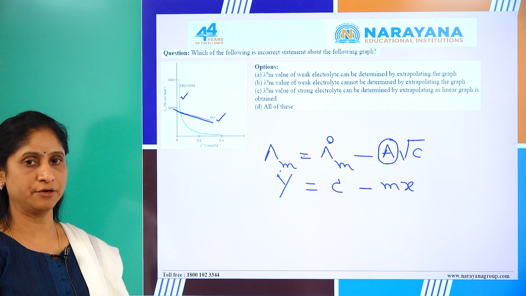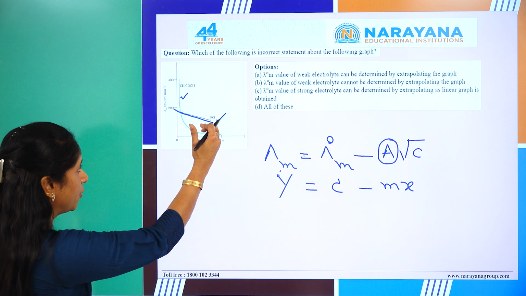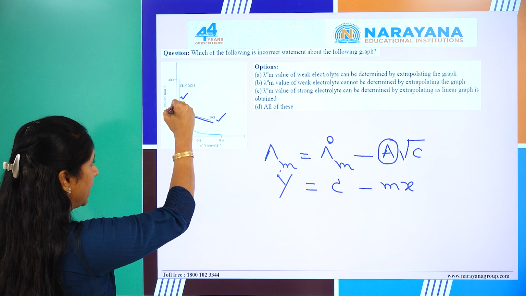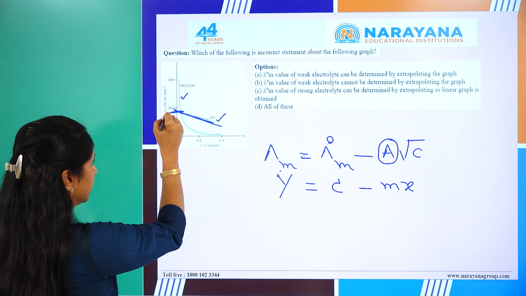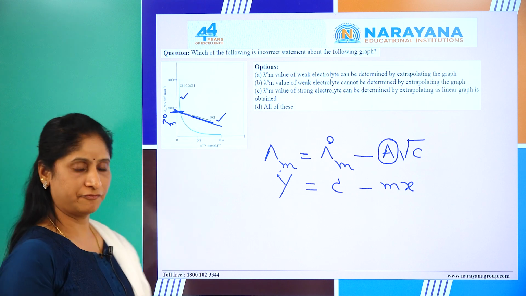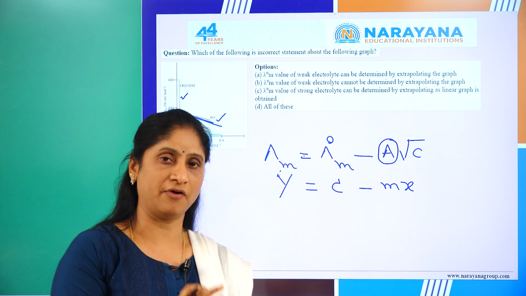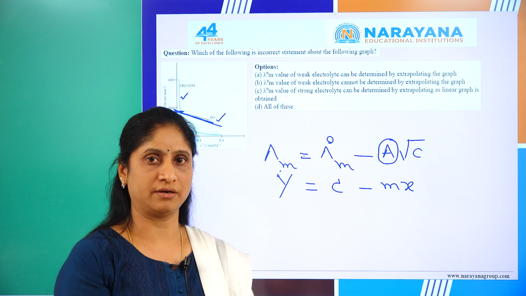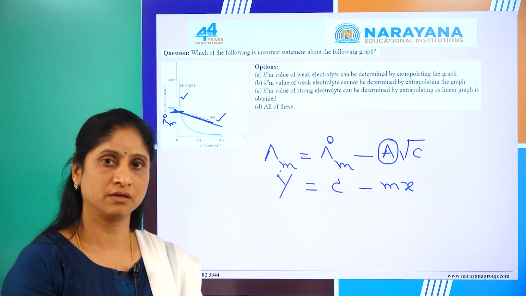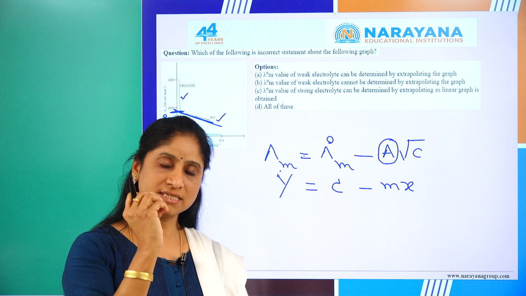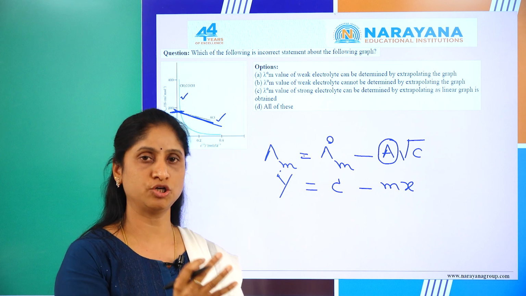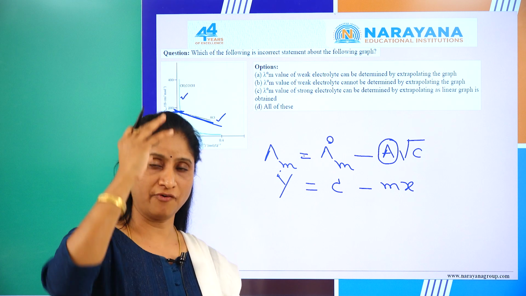By extrapolating this line to the y-axis, I can get the limiting molar conductance. For a strong electrolyte, if I keep increasing the dilution at a particular temperature, its conductance keeps increasing.